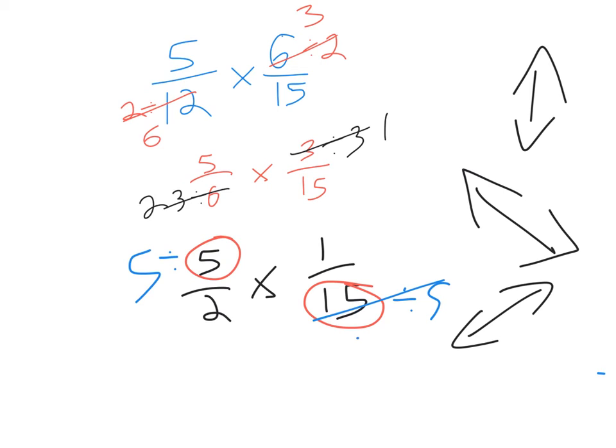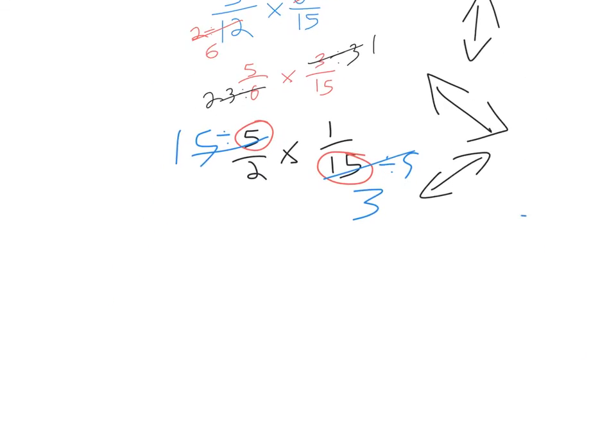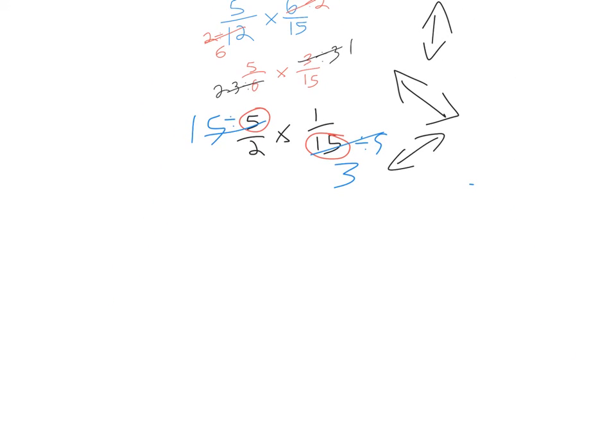Okay? And 5 goes into 5 how many times? 1, right? So you're going to go ahead and rewrite it, okay? And you're going to have 1 over 2 times 1 over 3. What is the answer if you multiply across? 1 over 6.